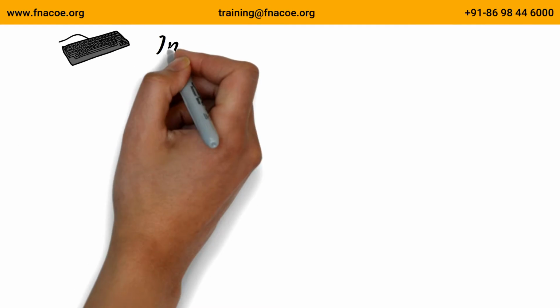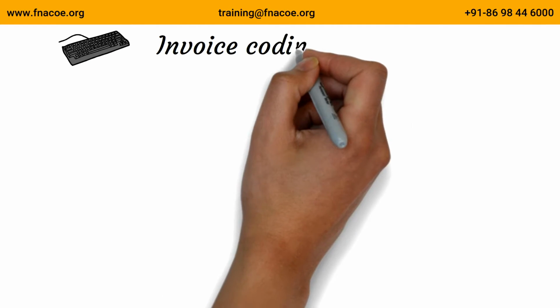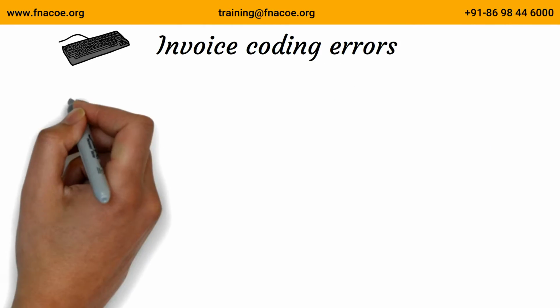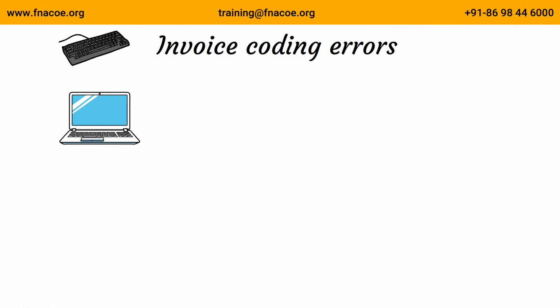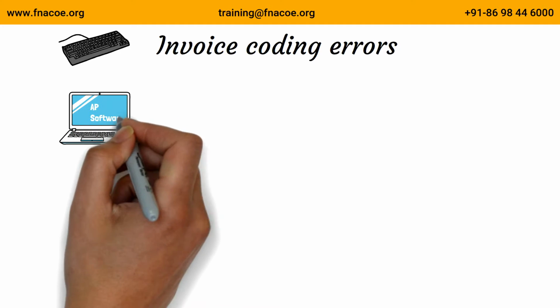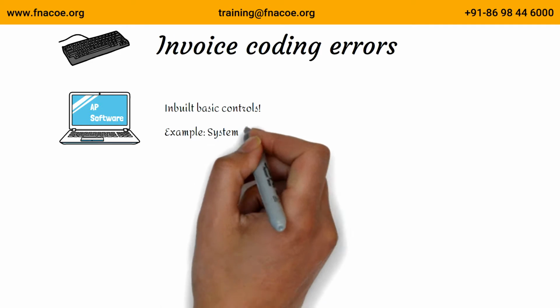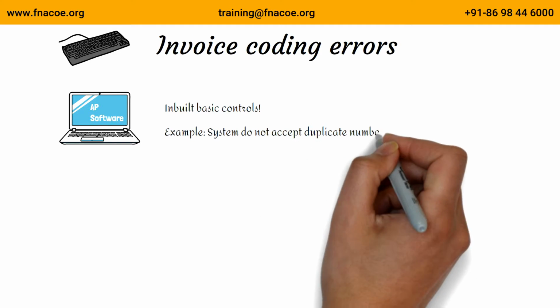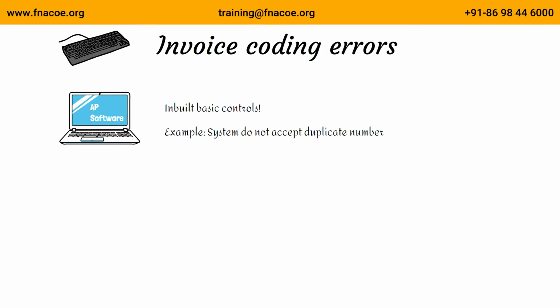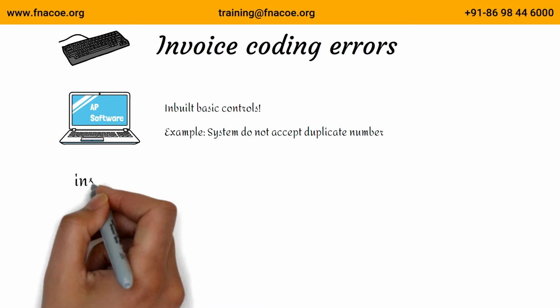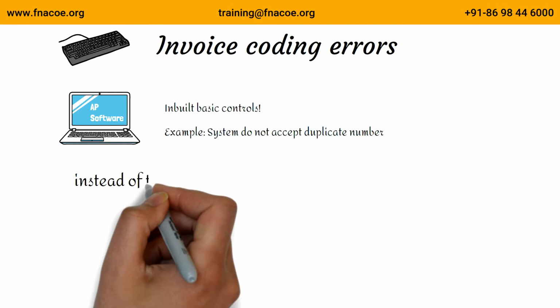Now let's get into another reason for duplicate payments: invoice coding error. Accounting software follows instructions. The basic controls are inbuilt in the software, not accepting the same invoice number. This is a simple control, basically based on the primary field. But that can be easily overruled by making a small change or typing a different number.